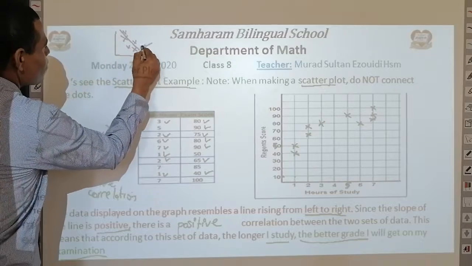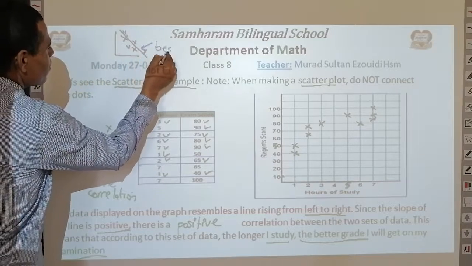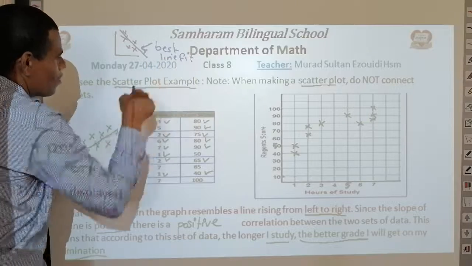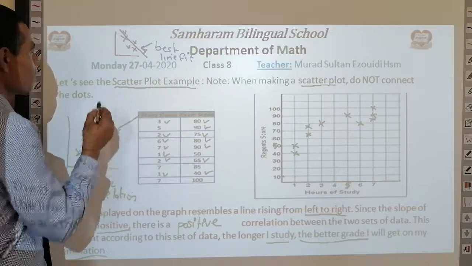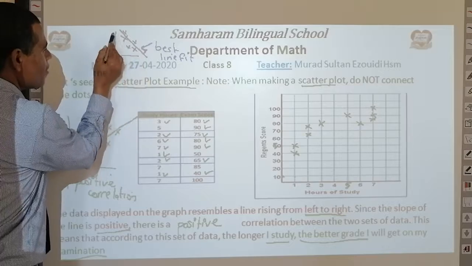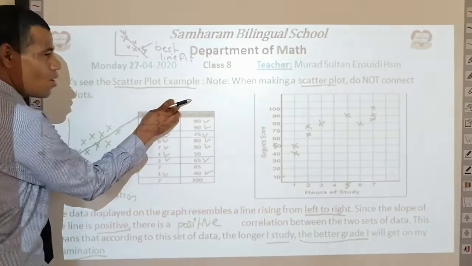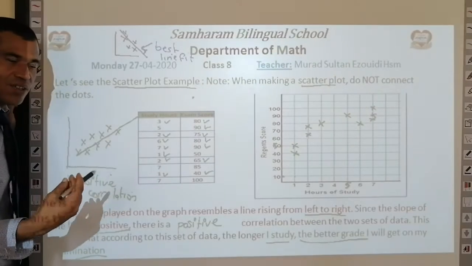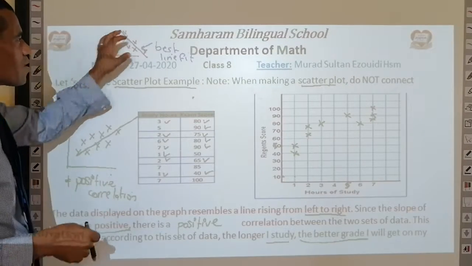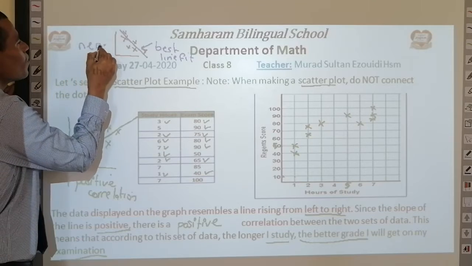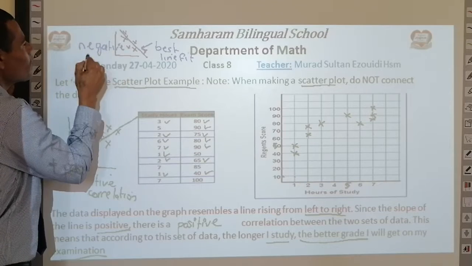So this line is called the best line of fit. You will see this next year, not this year, but I'm explaining something for you. The graph of this line is going downwards, so it has a negative gradient or a negative slope. So as the slope is negative, we can say that it's a negative what? Negative correlation.